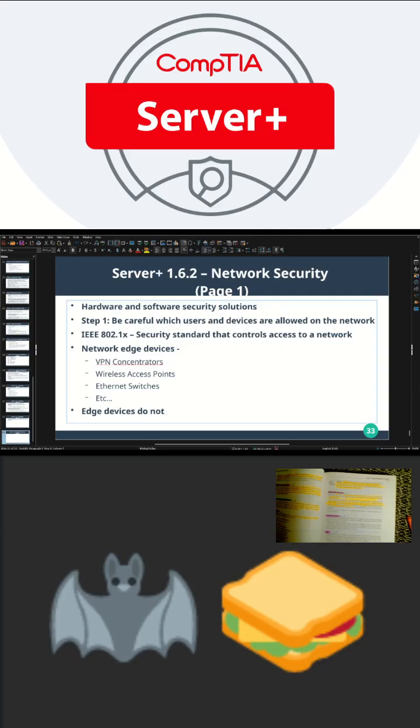Edge devices, we can't stress this enough, do not perform authentication of connecting devices.